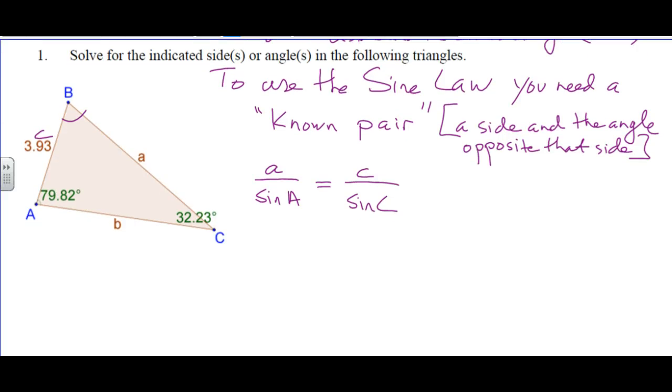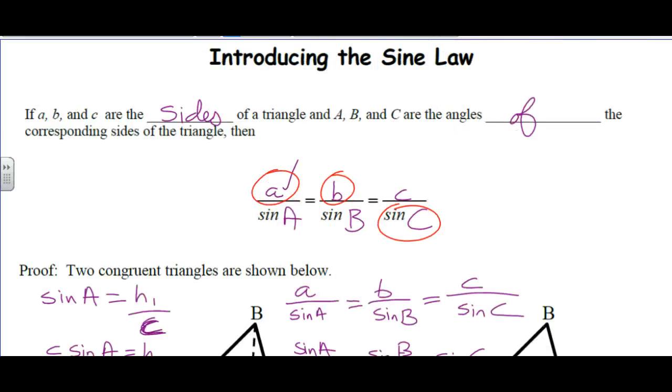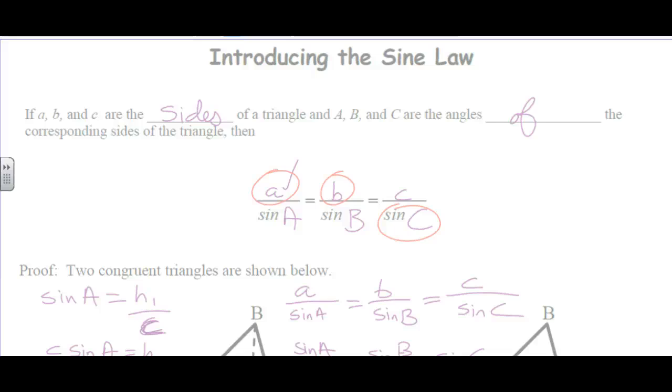Okay, so let's do a little rearranging. Let's say that a is equal to c times the sine of angle A over the sine of angle C. Before I put any numbers in, I can just do a little bit of rearranging of the formula. This is the thing I want to find. The form of the sine law depends on what you want to find.